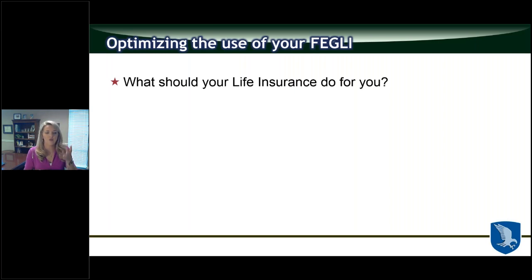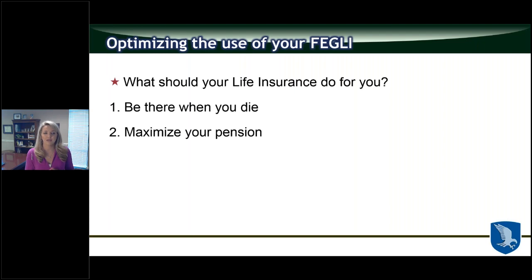All right, next, I want to talk about what your life insurance should do for you. Number one, you want it to be there for you when you pass away. You want to invest your money in a reputable company that is going to be there for you and your family in the event that you were to pass away. The second thing that you want it to do is maximize your pension.